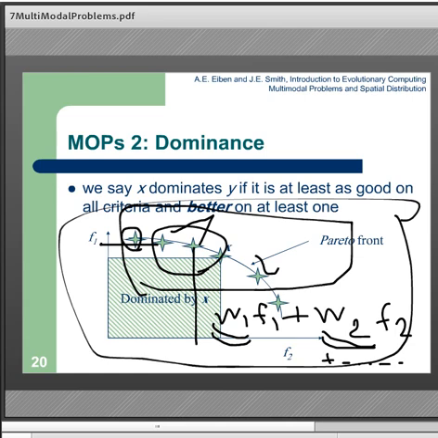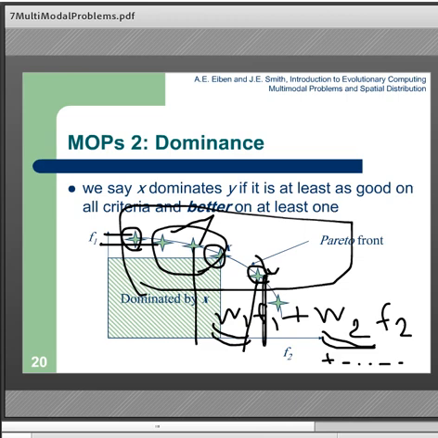None of these two elements, or sometimes you select this or this, it is better by F2, but it is better by F1, or this and this. It is better by F2, but it is better by F1.